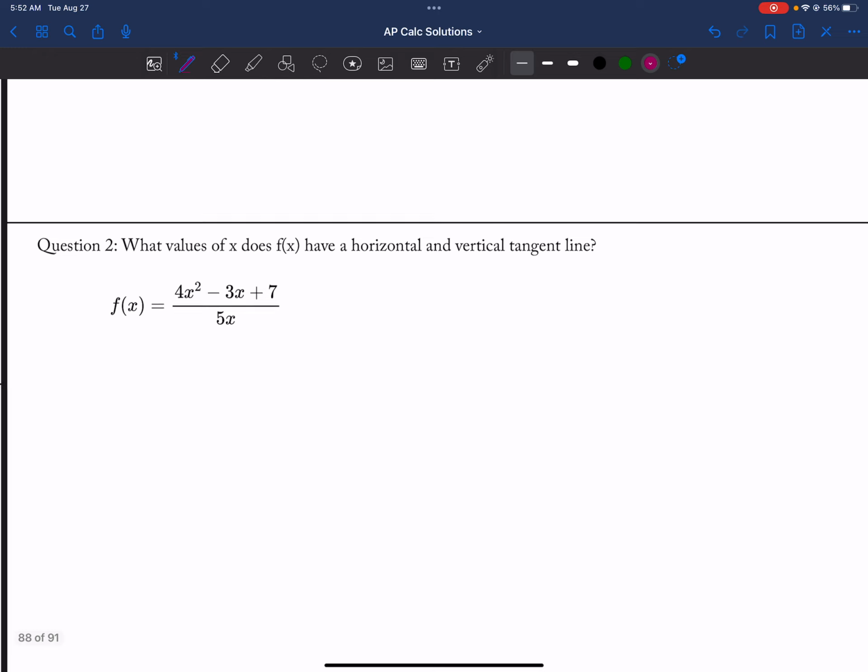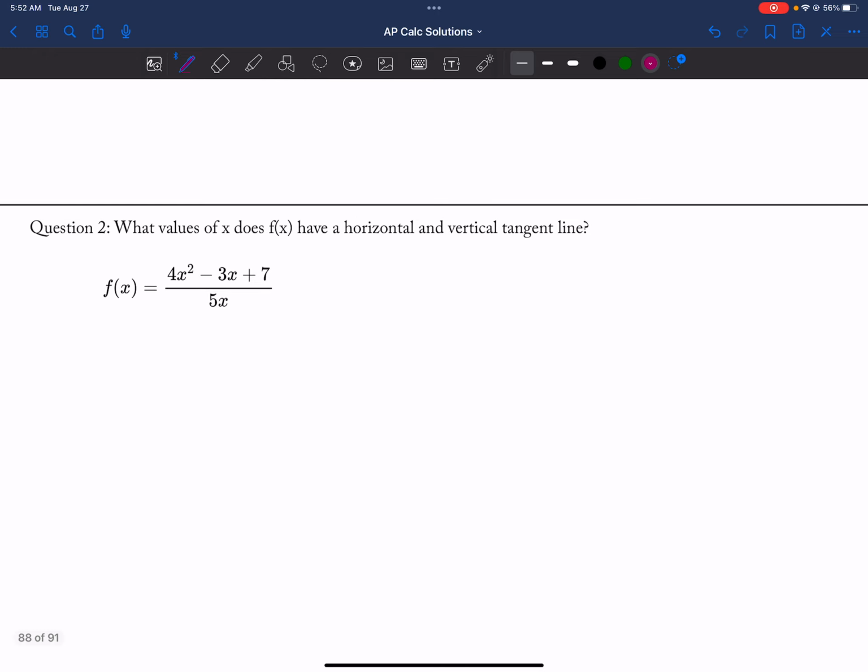What are my values of my horizontal and vertical tangents? So f prime of x. And I probably wouldn't split these up because I need them to be with one numerator and one denominator. So the denominator times the derivative of the numerator minus the numerator times the derivative of the denominator, all over the denominator squared.